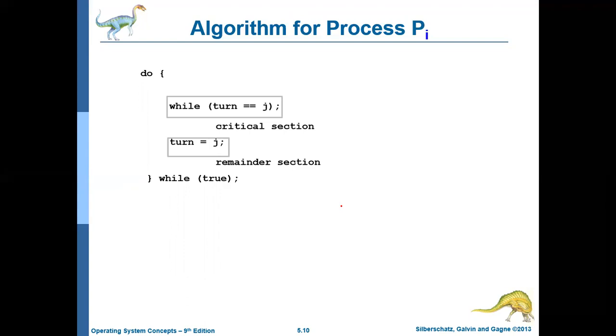If some other process is also running its critical section at the same time, then it is highly likely that the data may become inconsistent, or it may lead to a race condition. Data inconsistency is otherwise called a race condition.